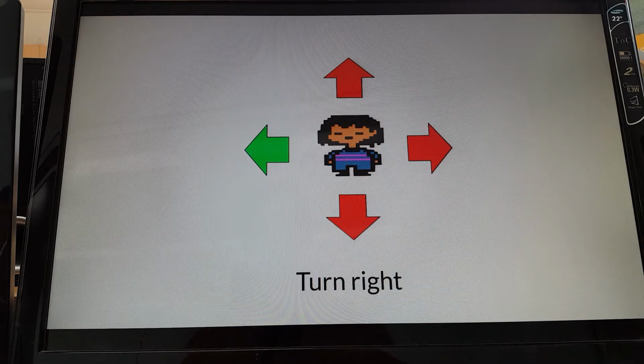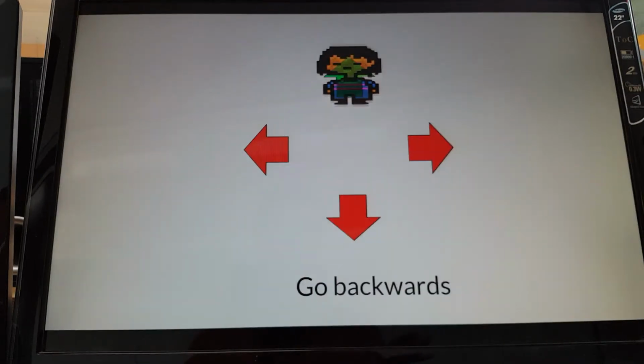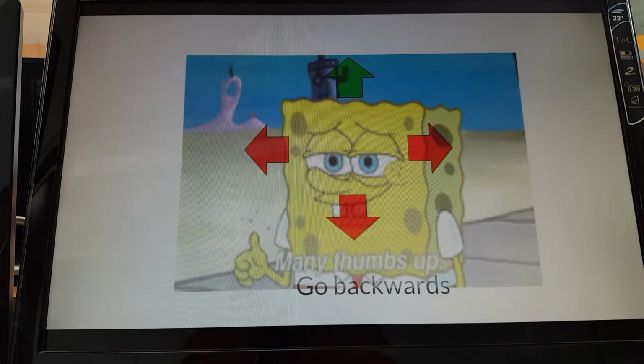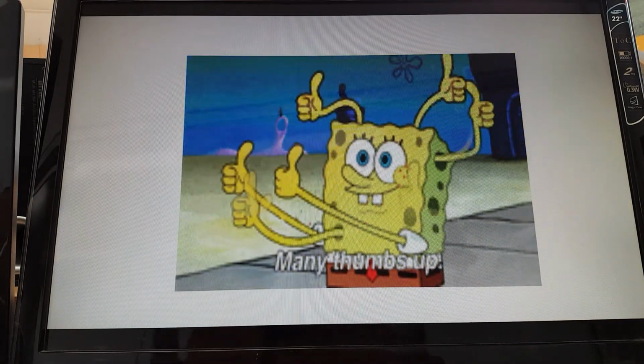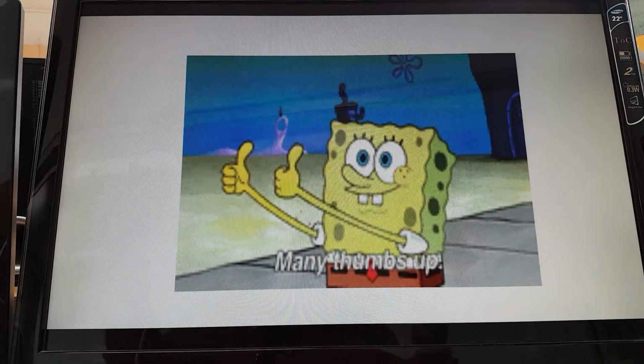And last but not least, go backwards. And that is here, and you would go backwards. Nice. Many thumbs up. Good job.